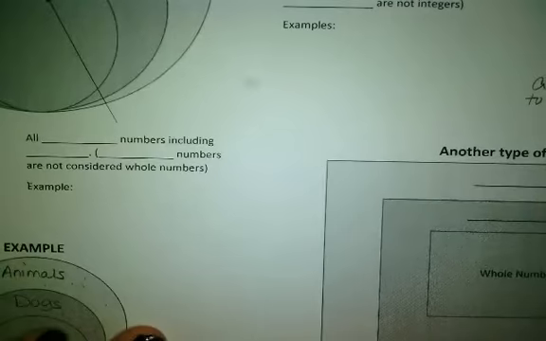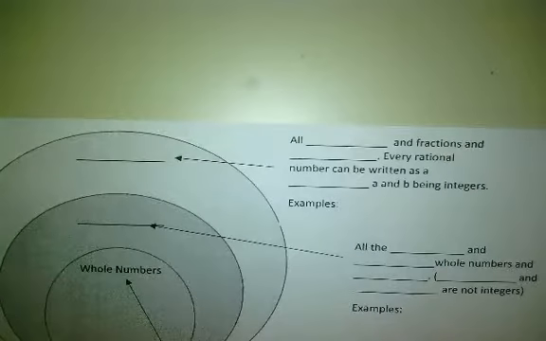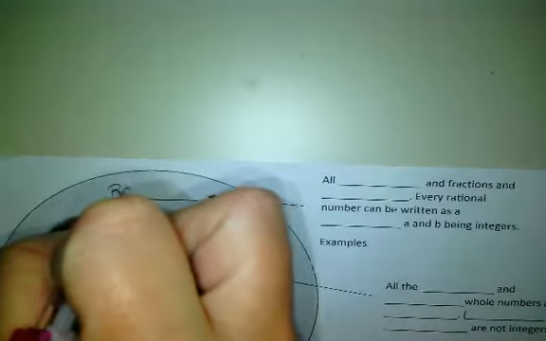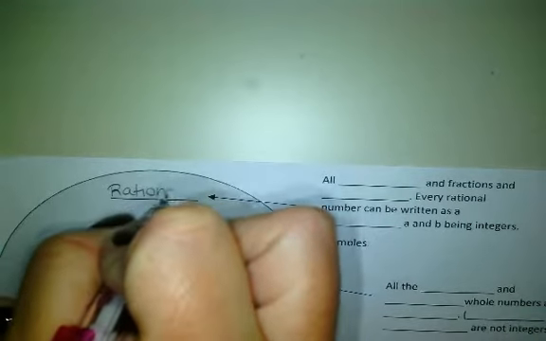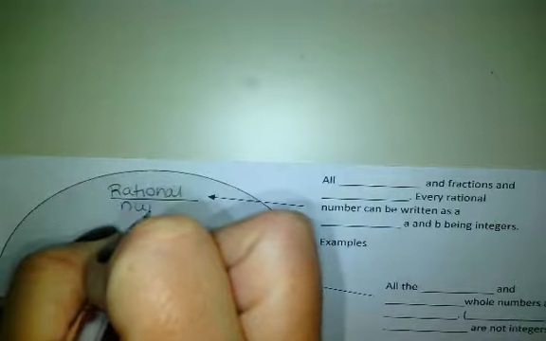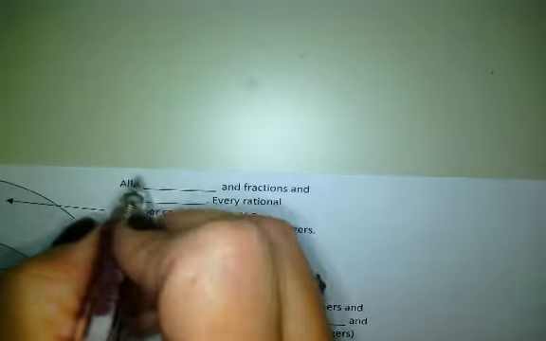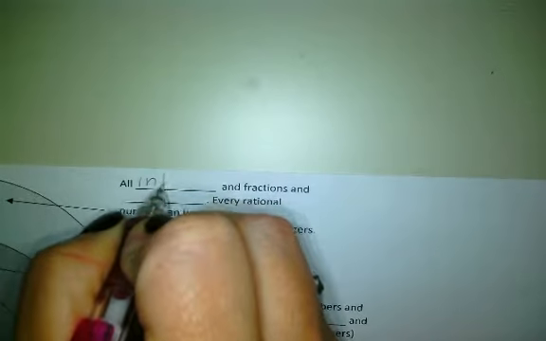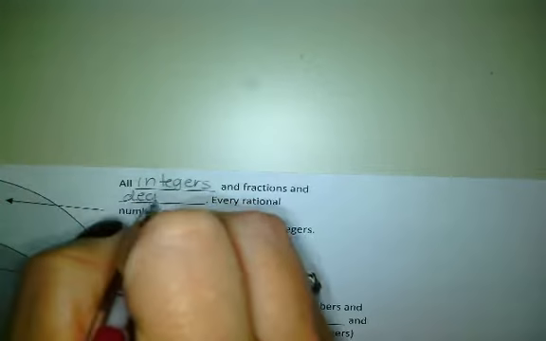So we're going to start talking about classifying different kinds of rational numbers. Well, we need to know what each thing is. So let's start with, well, what is a rational number? Hopefully by now you do know this. So a rational number, okay, are all integers, and fractions, and decimals.